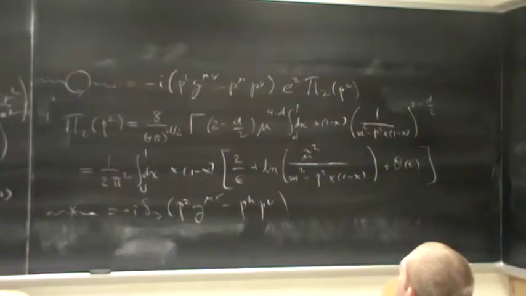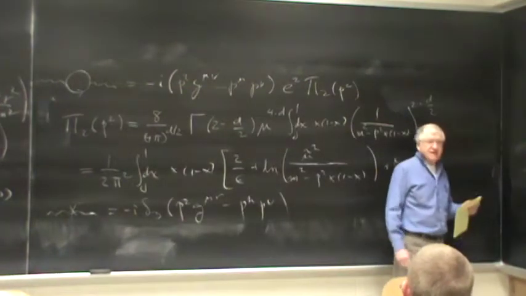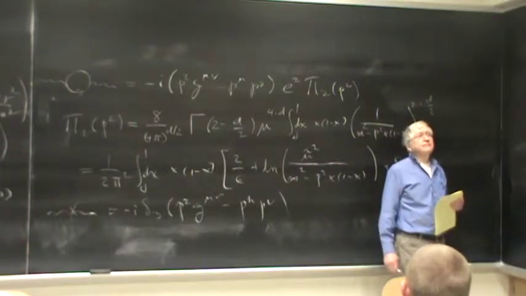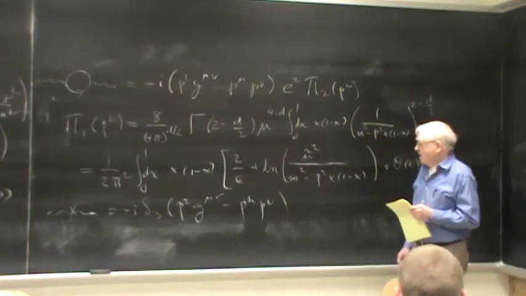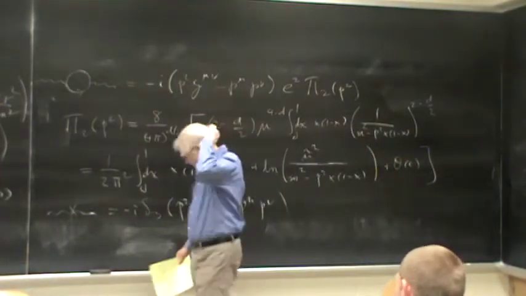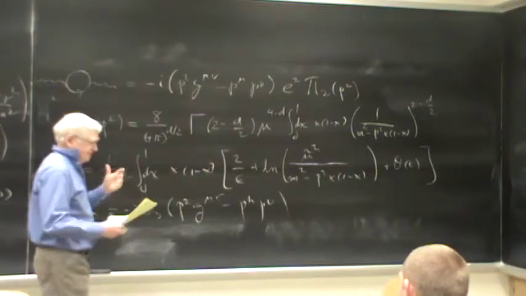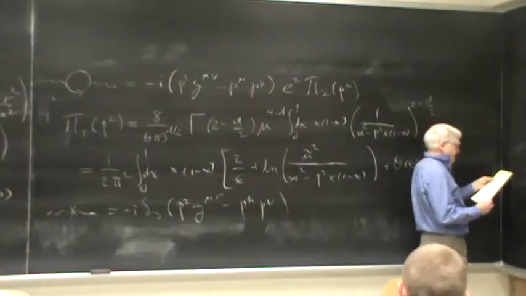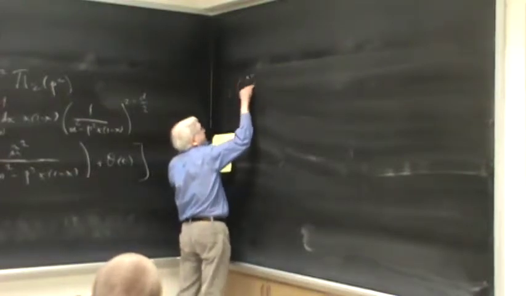Instead of Feynman gauge, I forget what this gauge is called, but he wants to use a photon propagator that is proportional to a projection operator. I mean, g mu nu is not a projection operator, but it's not all that different from a projection operator. When you square it, you get regular repetitions and so forth. But anyway, let's follow what he did. So he's using this propagator now.